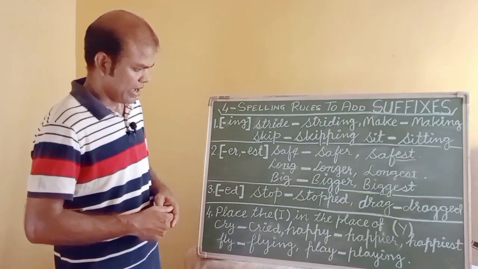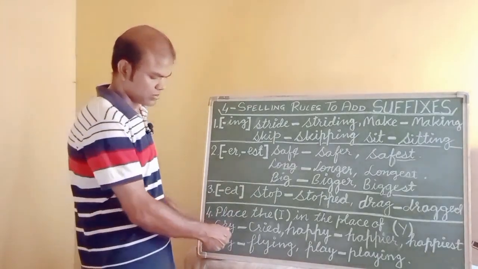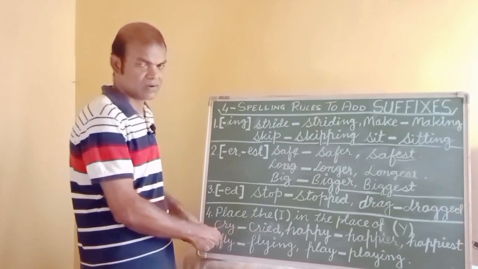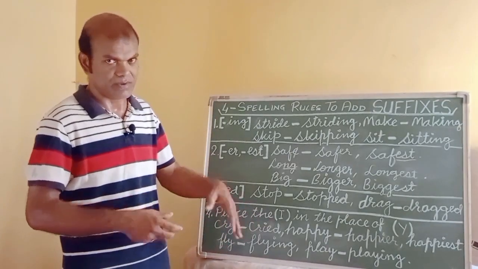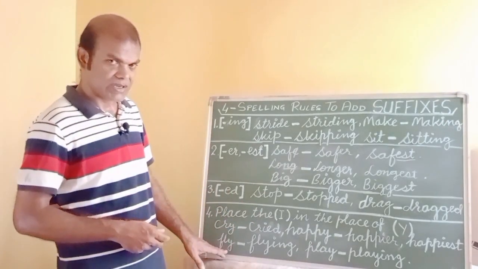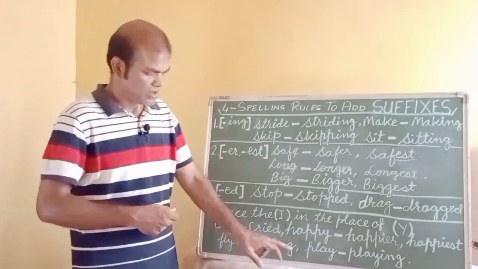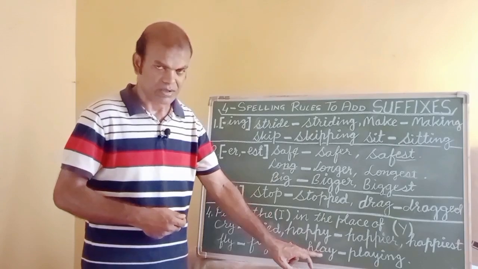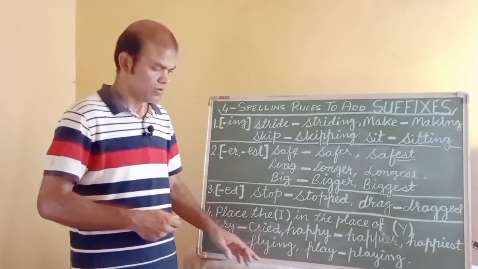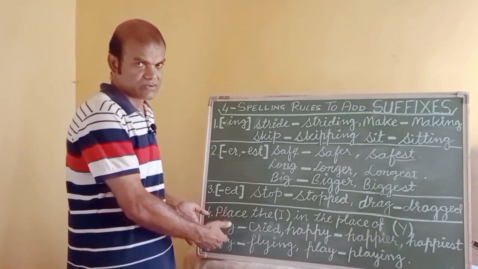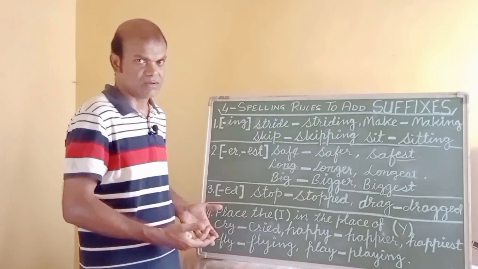Okay? And in the earlier case, we saw the Y is following the consonant. We removed the Y and we made it I. But here the Y is following the vowel A. Whether the Y follows a consonant or a vowel doesn't matter.